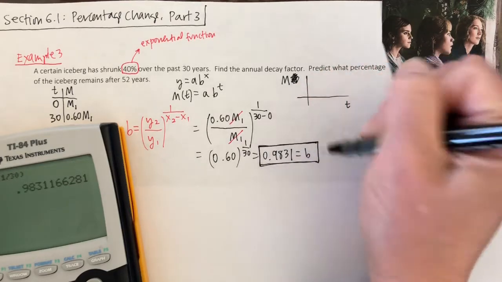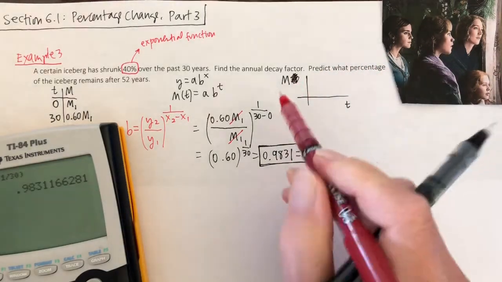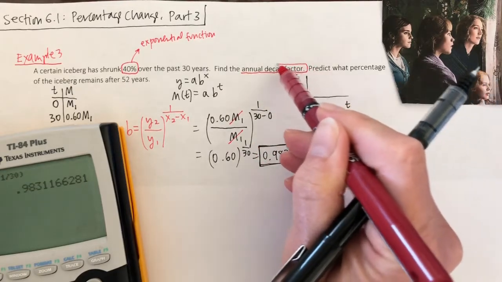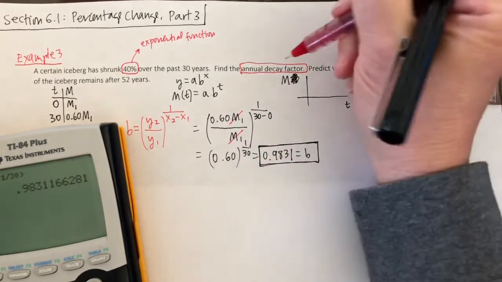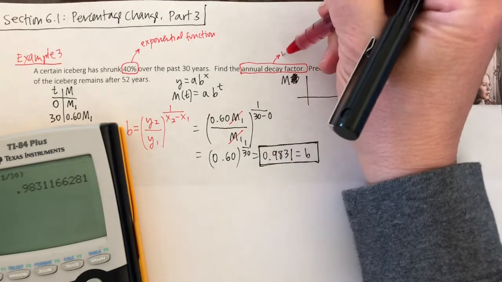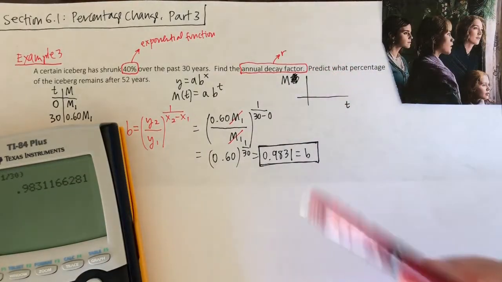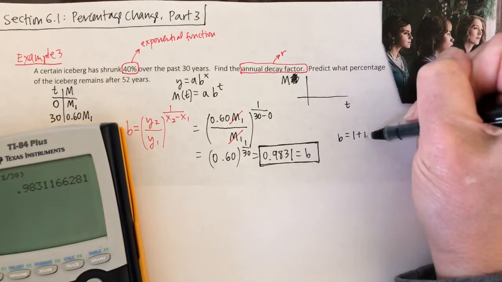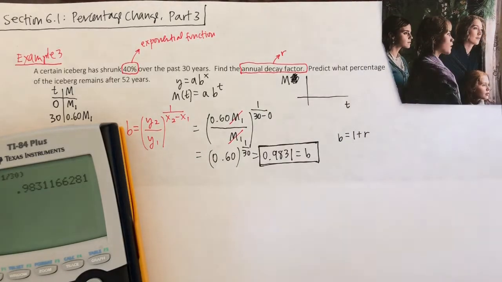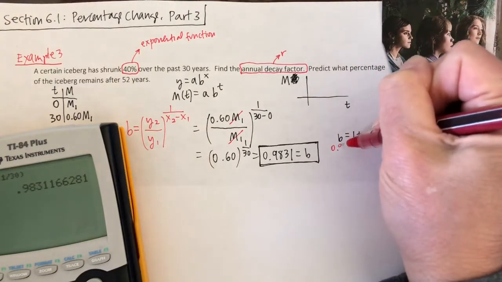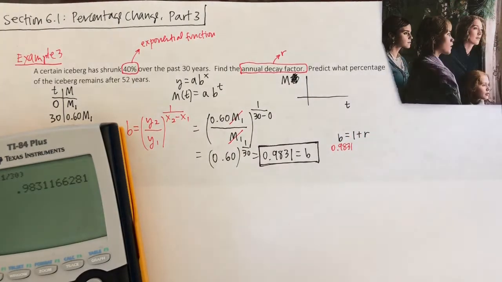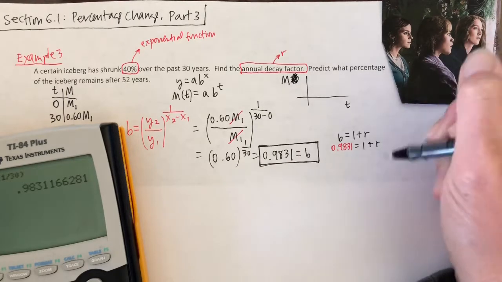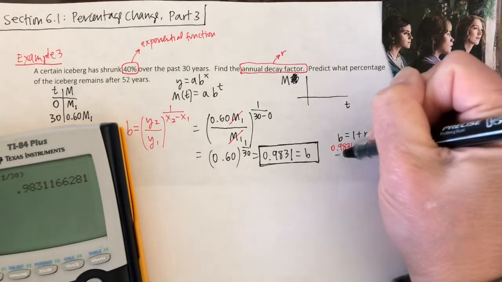They don't ask for the change factor, they ask for the annual decay factor. In other words, they want to know what R is. What's the annual decay factor? Well, then I remember that B equals 1 plus R. So I have 0.9831 equals 1 plus R. And I can just solve for R. Subtract 1, subtract 1.